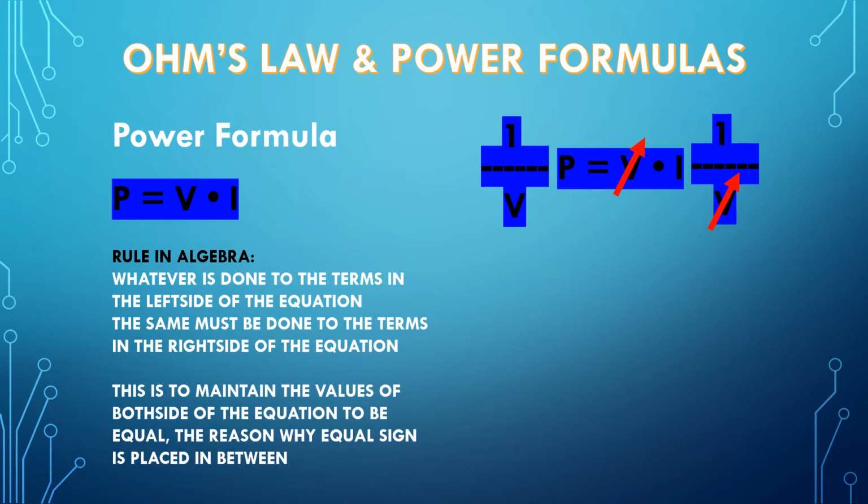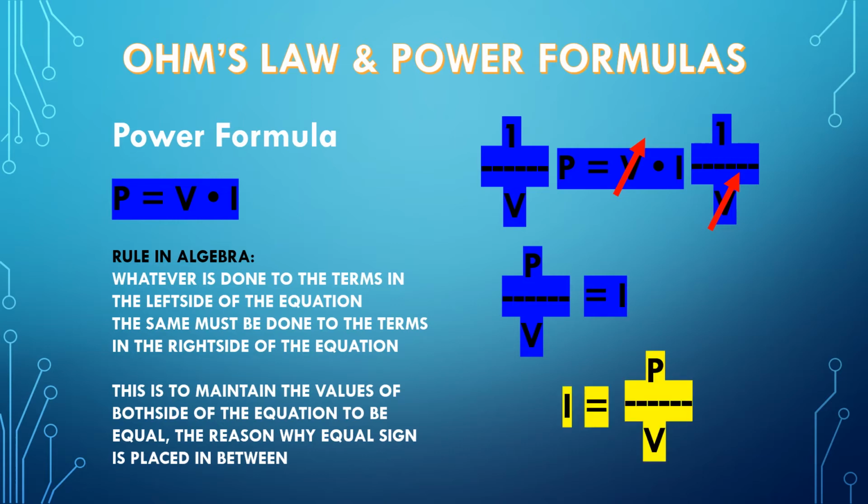So we cancel V and V. What will remain is P over V is equal to I, or we can rewrite it as I is equal to P over V, which is now our formula number 6.